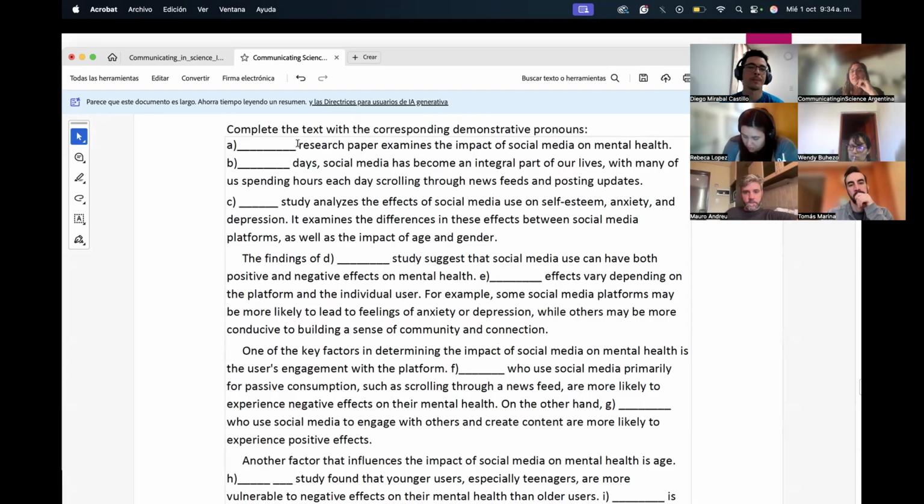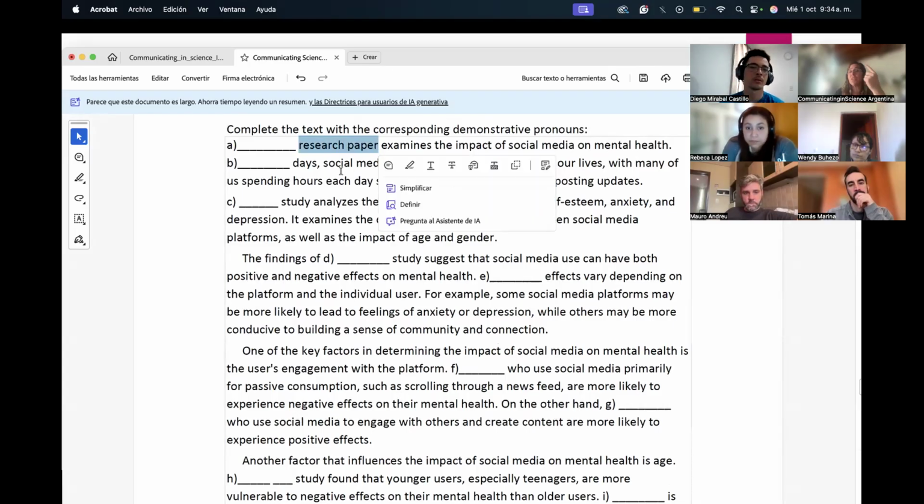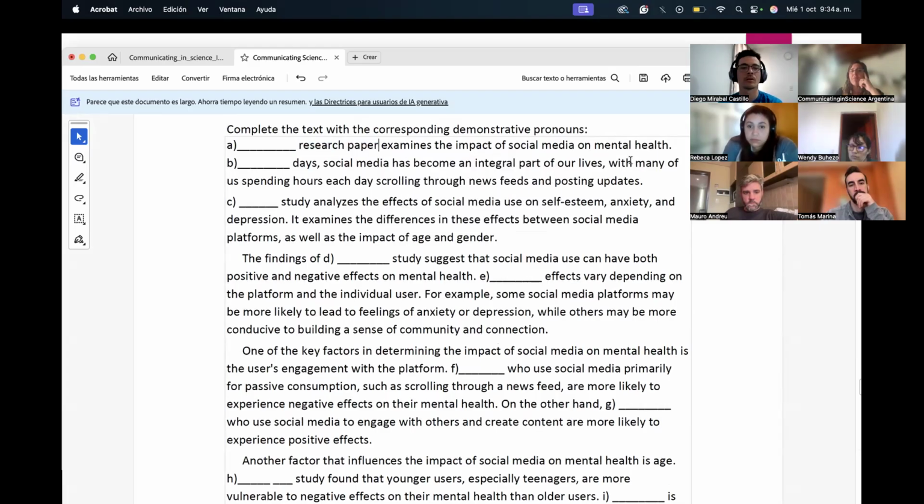This. It's close and it's only one. This paper examines the impact of social media on mental health. These days, plural but close. These days, social media has become an integral part of our lives, with many of us spending hours each day scrolling through news feeds and posting updates.